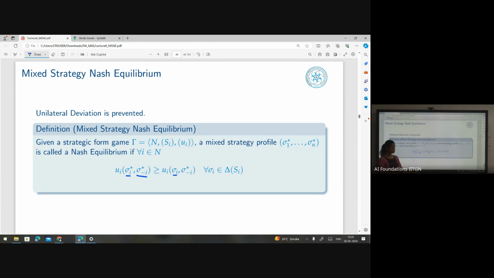And this should be true for all the possible sigma i's that I can sample from the simplex, and this should also be true for all the n agents. So playing sigma i star is the best response, given that everybody else is playing sigma minus i star. That should be true for all the agents. This is what a mixed strategy Nash equilibrium is.